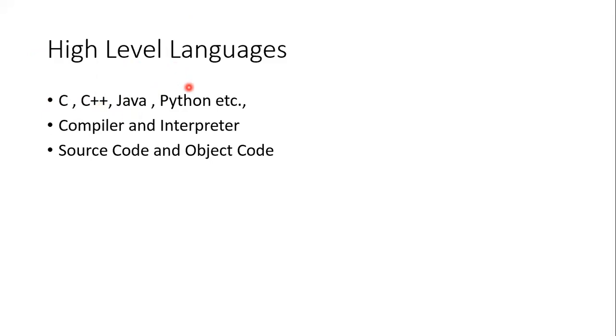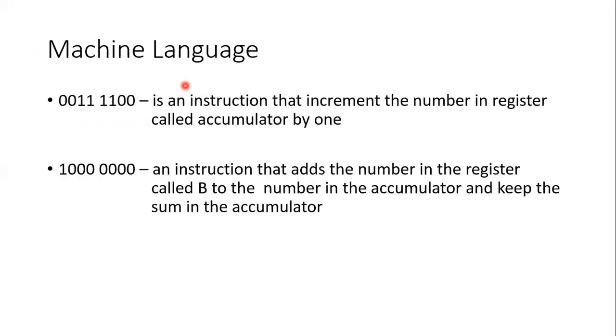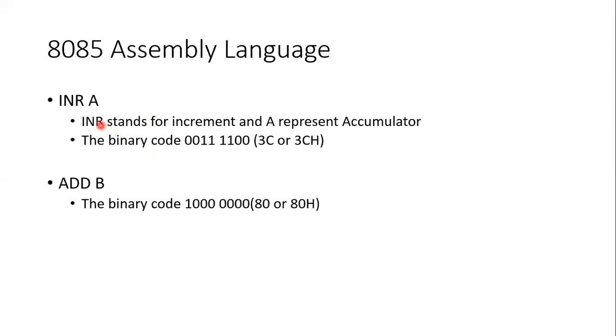Now, since the machine accepts only the machine code, suppose you write in assembly level language. How can the machine understand what a programmer writes in the assembly language?